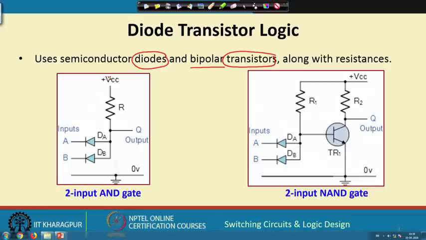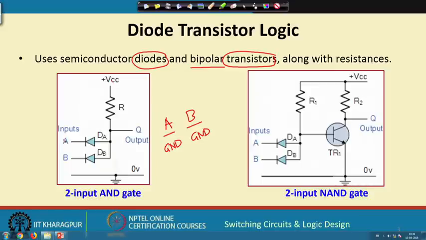Now, let us see how this method used to work. The inputs are A and B. Suppose I have grounded both the inputs. Ground means, let us say, logic 0, and this positive supply voltage means logic 1. Let us follow this convention.